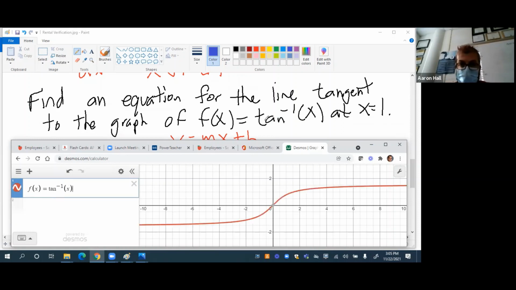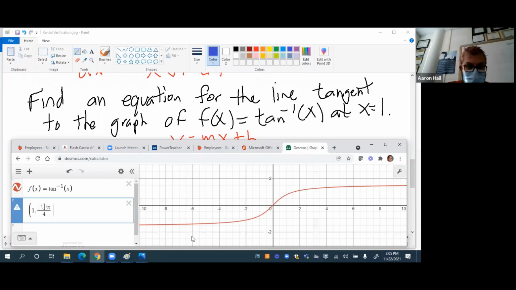I want to know, at the point 1 comma pi fourths, what the equation of that tangent line is.